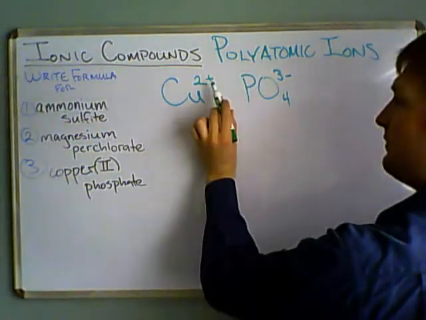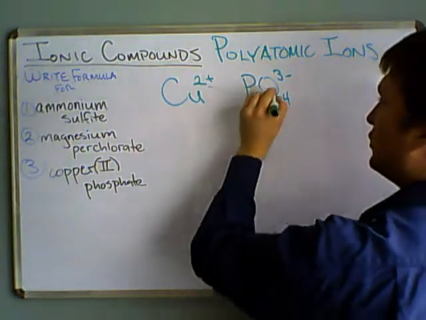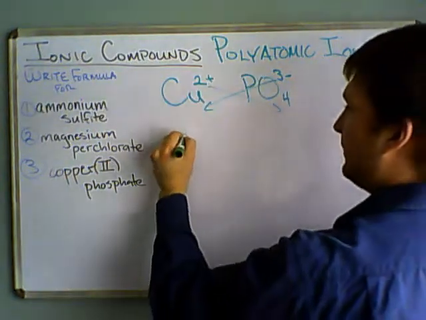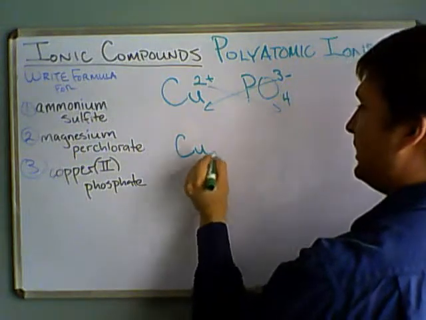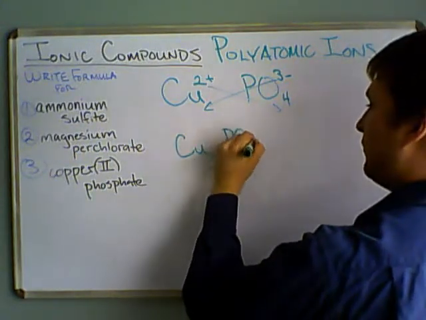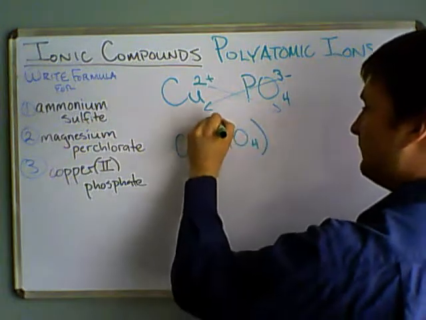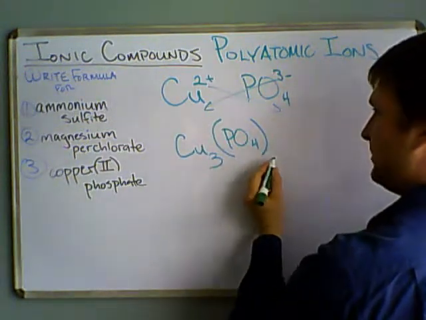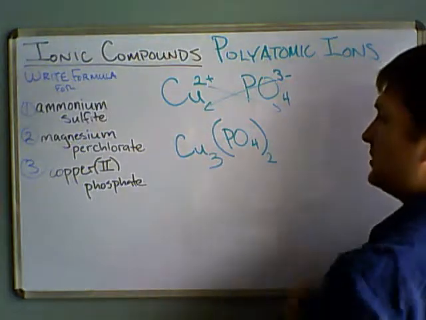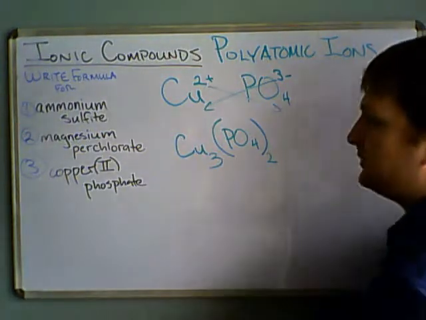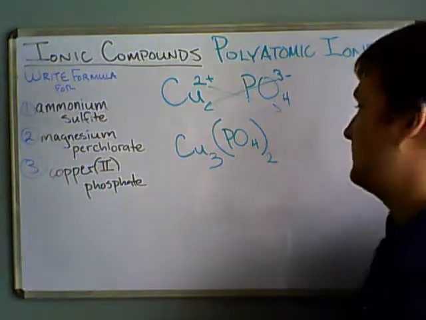The charges are different, so we're going to have to do our cross thing. I'm going to put Cu3, and now the PO4, remember, is 1 unit, and since we're putting something down here, we use parentheses and the 2. So that's the formula for copper 2 phosphate.